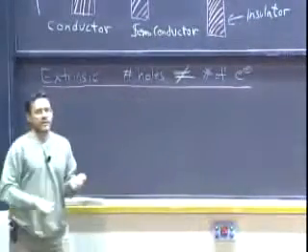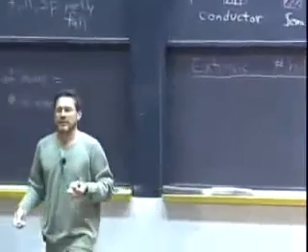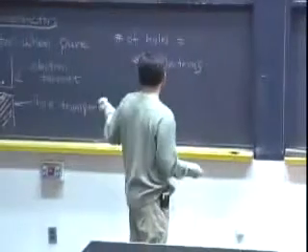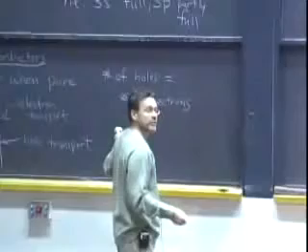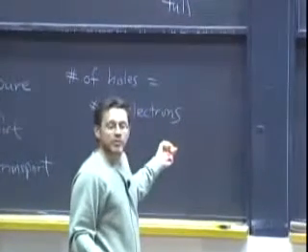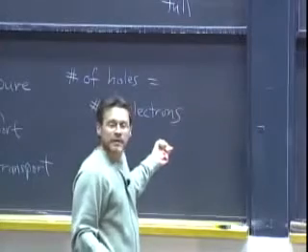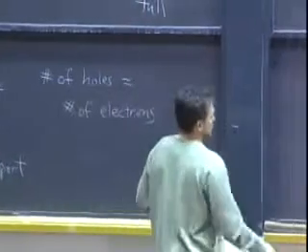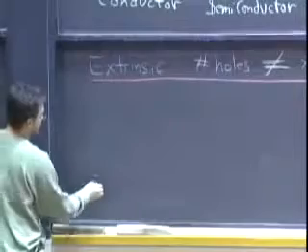Okay, so how does that work? In these extrinsic semiconductors, wherein you have differing numbers of holes and electrons, you're purposely adding a small percentage of impurities to your material. Okay, so let me draw two pictures to represent this.